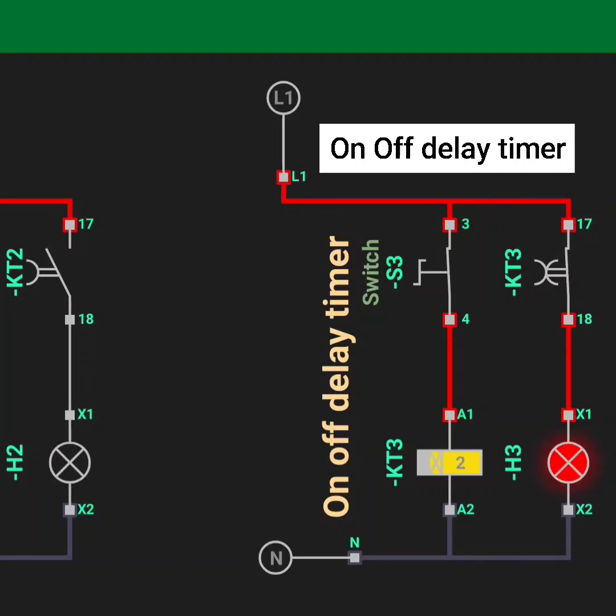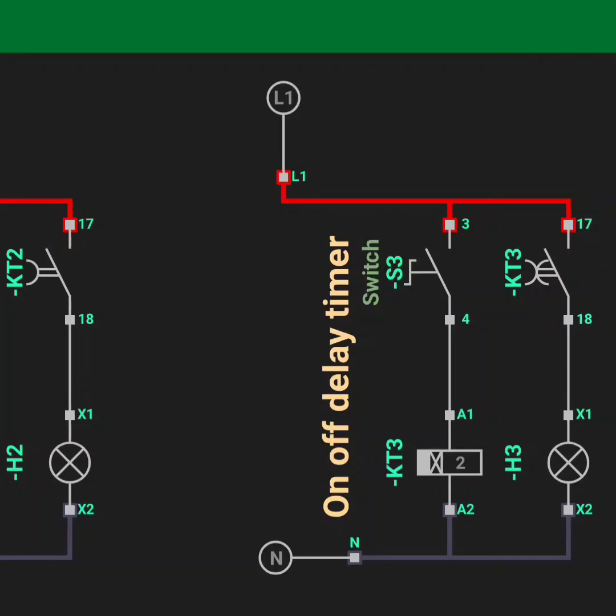Yeah, output lamp has come on after a delayed time of 2 seconds. Now I will disable the switch S3. You see what happens is, output lamp has gone off after a delay of 2 seconds. For easy understanding, I have set on off time equally 2 seconds.